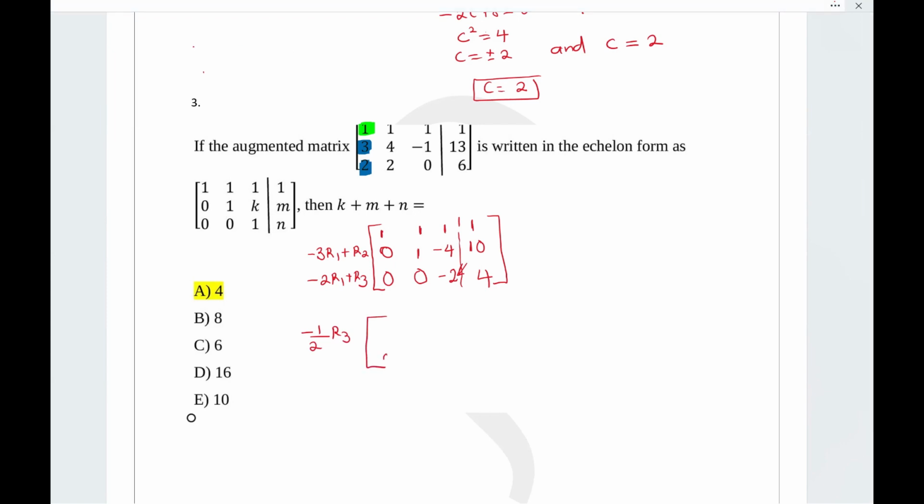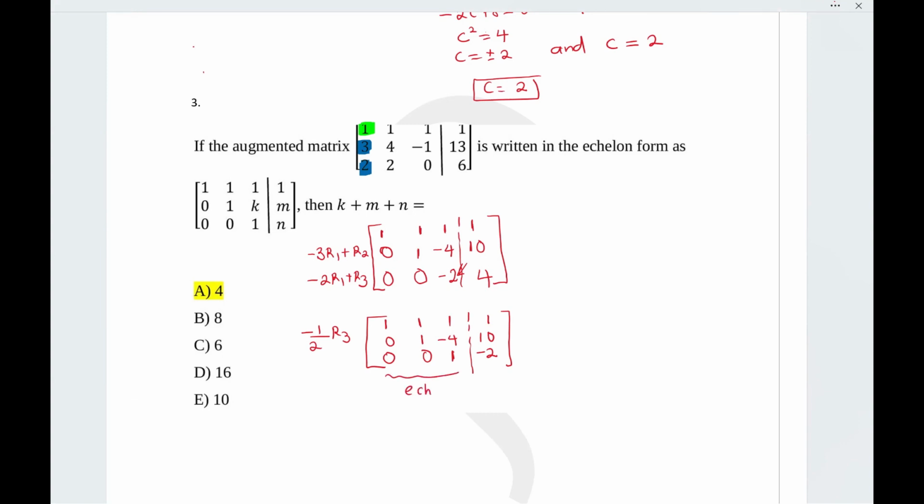So this is going to be 0, 0, 1, and we're dividing by half, so this is going to be -2. And every other thing here is 0, 1, -4, 10, and here it is 1, 1, 1, 1. So looking at this, I think it's already in an echelon form, or row echelon form.